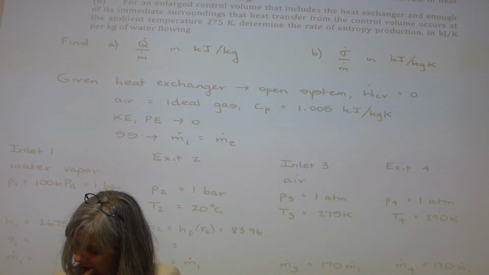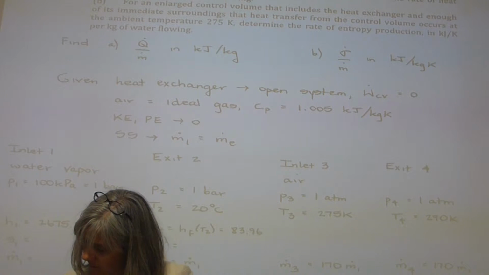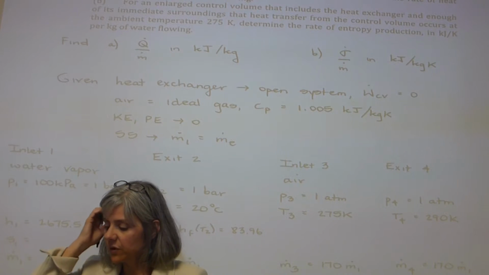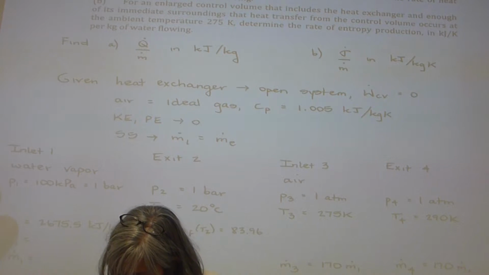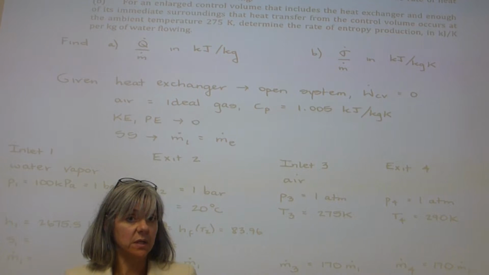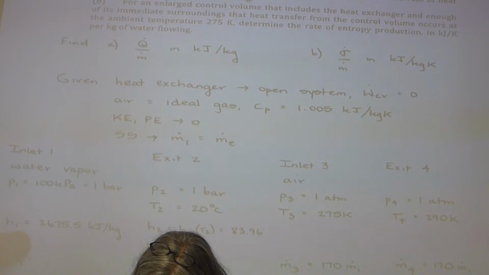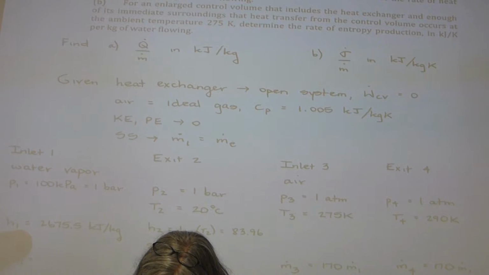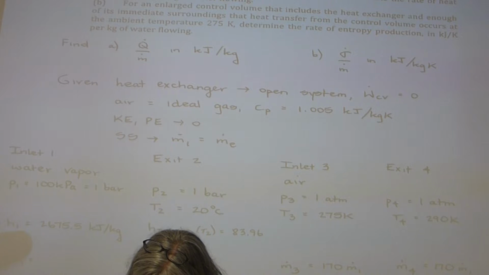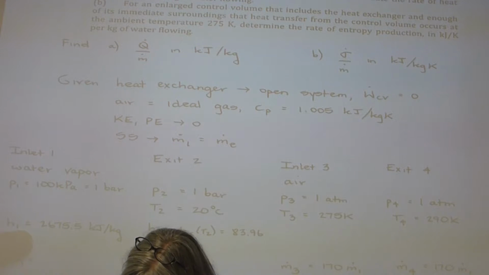And then I have, I guess I didn't write it in my notes. Oh, so what I opted to do instead for this one, instead of looking up in the table, which I could, is to use C sub P times the change in temperature. So here I'm going to have H2 minus H1 plus 170 times C sub P, T4 minus T3.